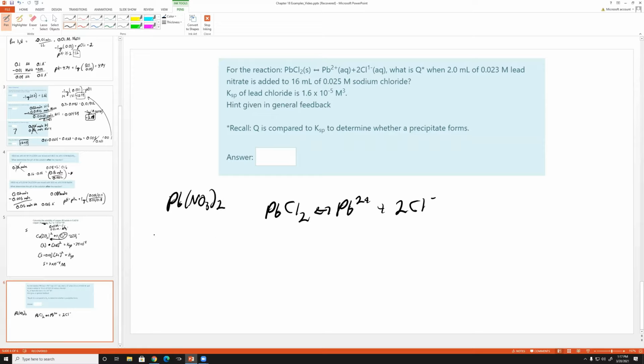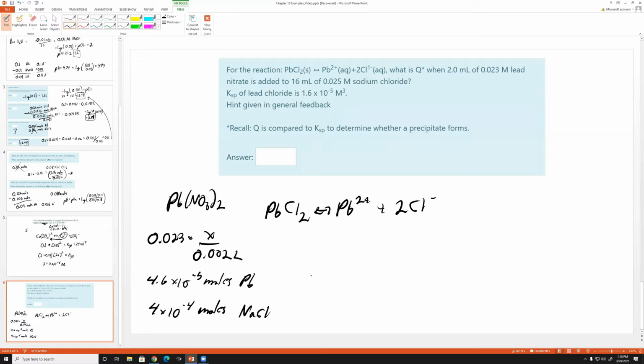And we can say that 0.023 equals X over 0.002 liters, and this is going to equal 4.6 times 10 to the negative 5th moles of lead. Then we have the amount of sodium chloride, which is 0.025 times 0.016, which is going to be 4 times 10 to the negative 4th moles of NaCl.